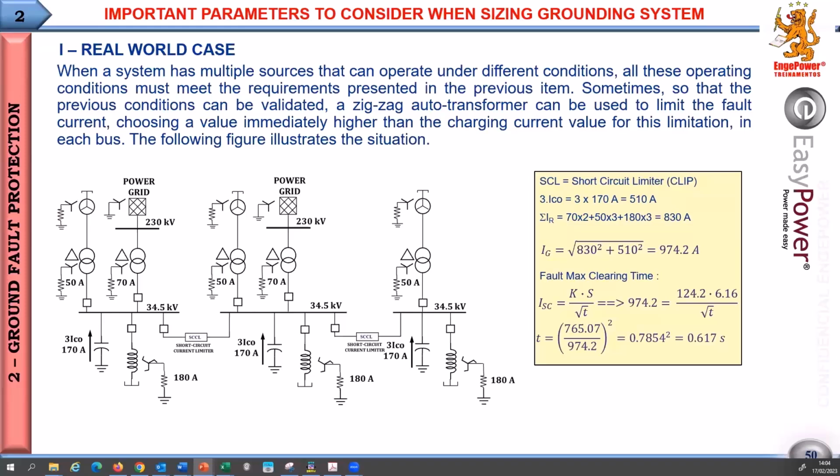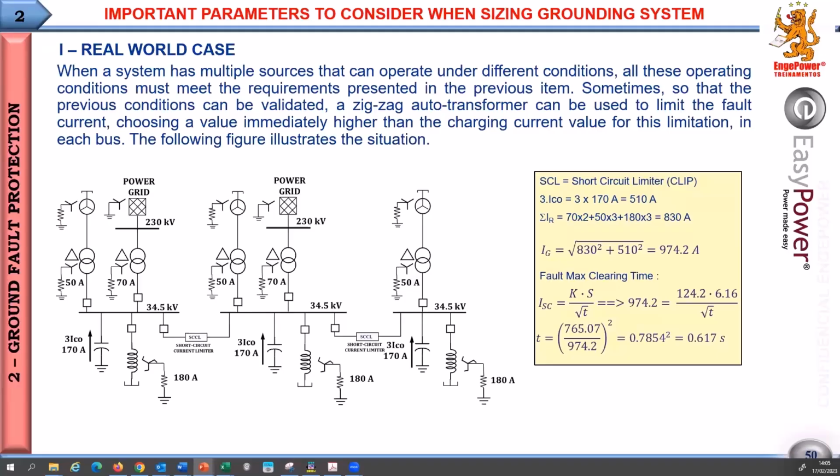The maximum clearing time for this system is with a conventional medium voltage cable cross-section. If you want to raise this time, you have to buy cables with cross-section greater than conventional cross-section.